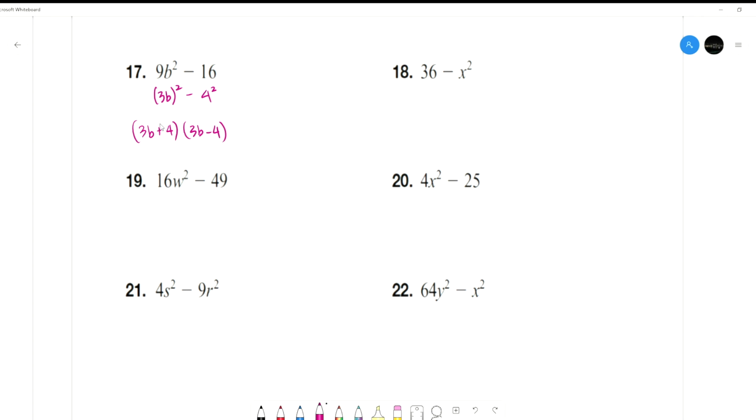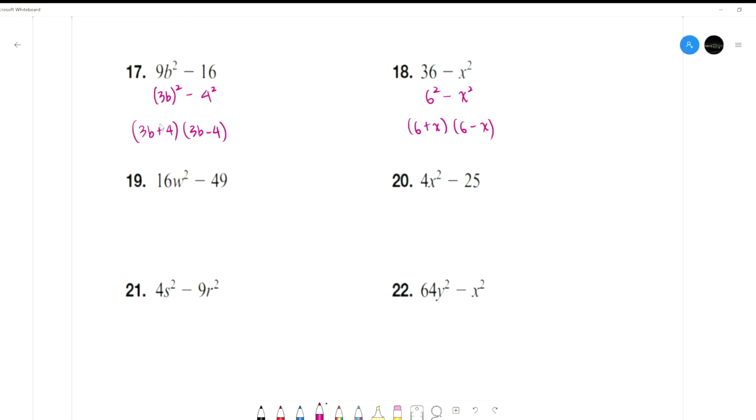Okay. Number 18. We know 36 is 6 squared minus x squared, difference of squares, right? So that gives us (6 plus x) times (6 minus x). And number 19.